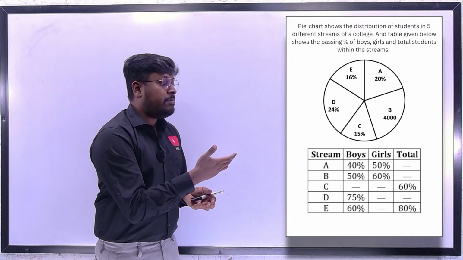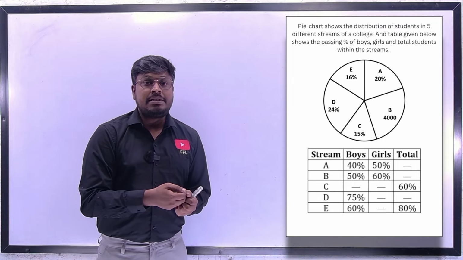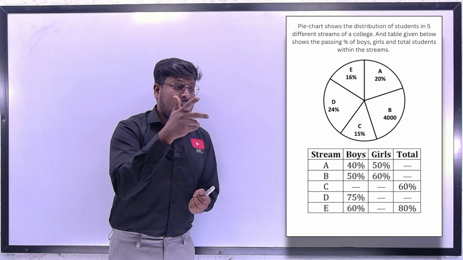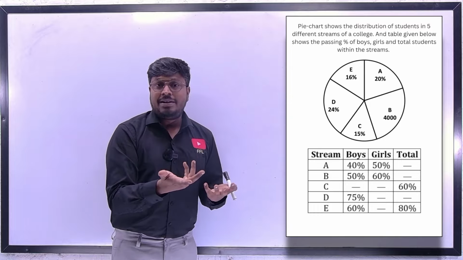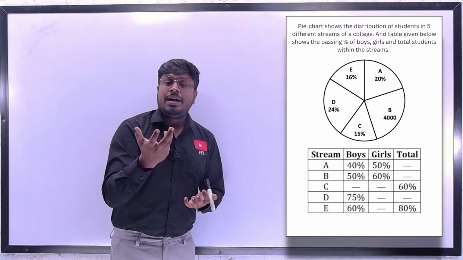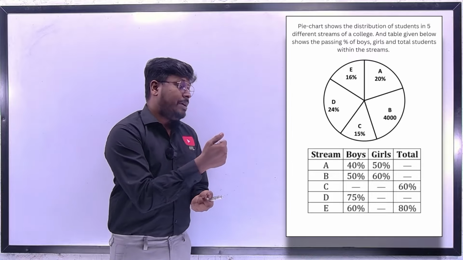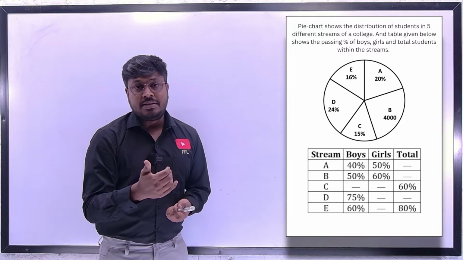When you take stream A, boys is 40%, girls is 50%, the total will not be 100, and you can't guess the total because nowhere do they tell you 100% is the total. Some boys may have failed or some girls may have failed, so we can't just find the total like that. Only based upon the question value can we find the total percentage of students who passed in the different streams.